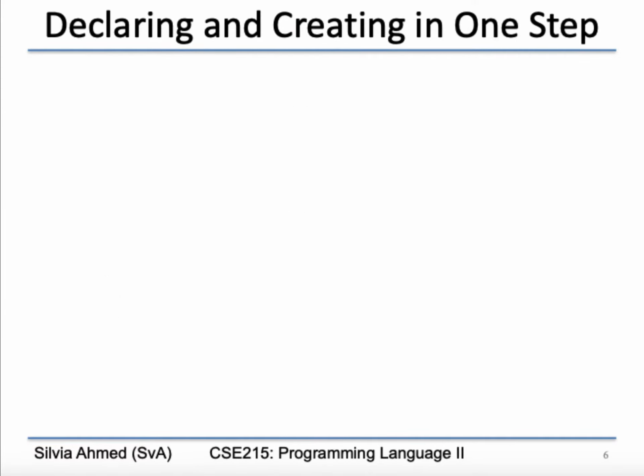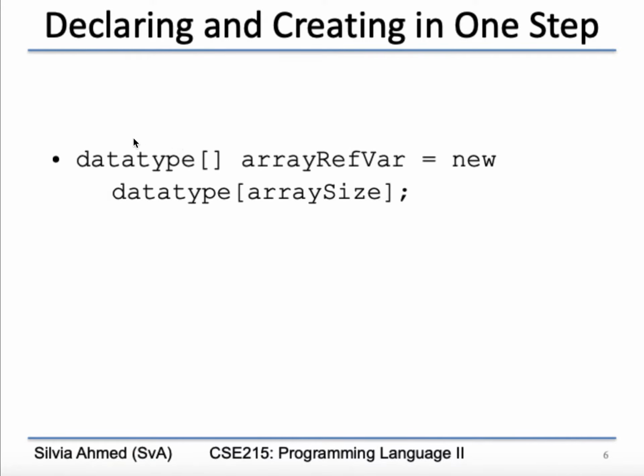We can actually declare and create an array in one step. It's simply by doing this: the data type, then the bracket pair, then the name of the array. This is the declaration part. Then the new data type, the array size, and finally, in between, the assignment statement.